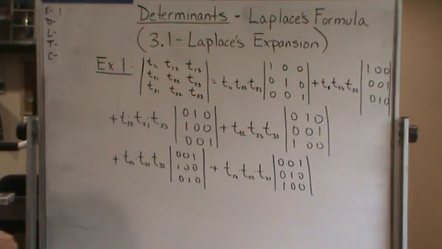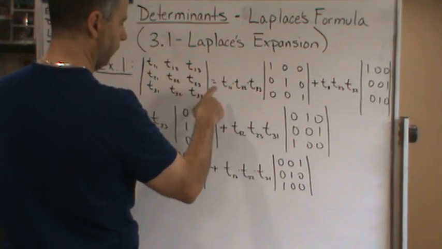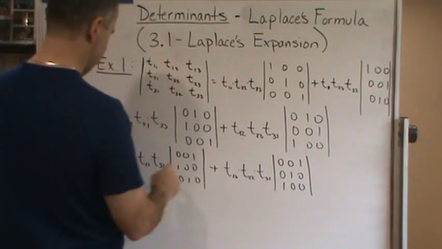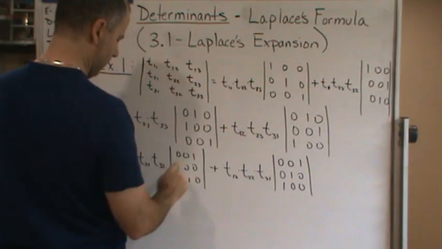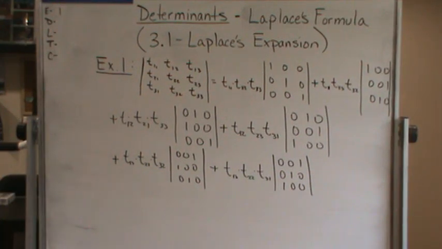T11, and then the first row here, T12 and T13. So we'll just factor out the first row. So that would be this one, and this one. Okay, so let's do that.